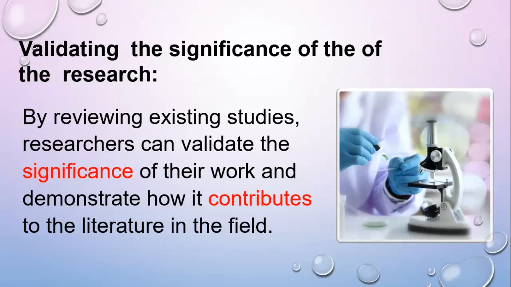Here we have to highlight two things. The first one is how significant the study will be and how it is going to contribute to the available data or literature in the field. So validating the significance of the research is one of the purposes of conducting literature review, right?